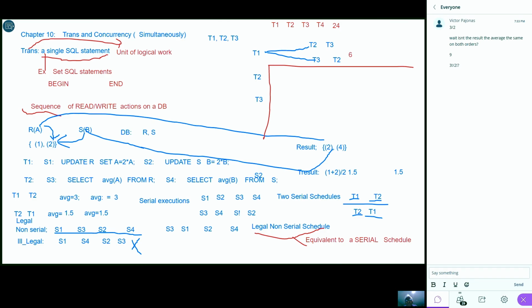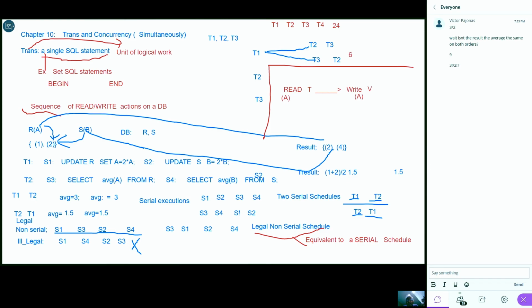Let's call this transaction T, and let's call the other transaction V. So one transaction T reads some data A, and then the transaction V is trying to write that data A. Okay?